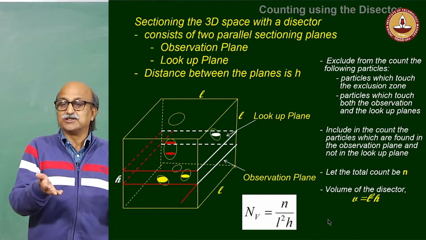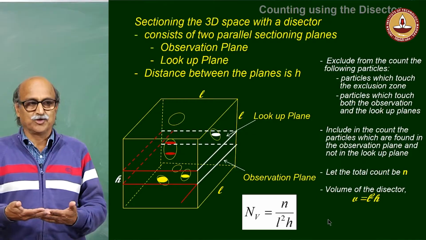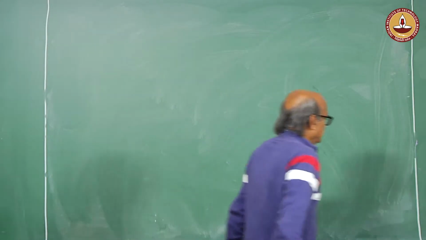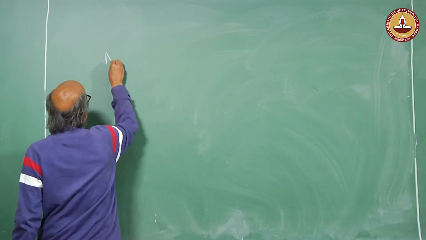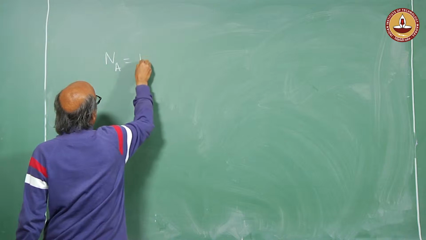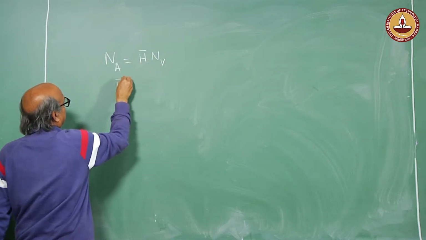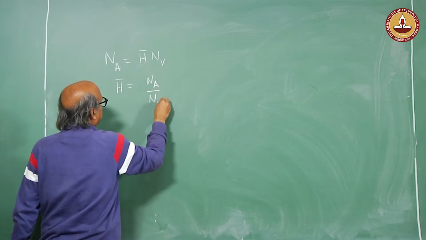And in fact, this method will enable us to obtain the mean tangent diameter, because now that I know NV, it is a simple matter that we already know that NA equals h bar and V, and hence we would get the mean tangent diameter as NA upon NV.